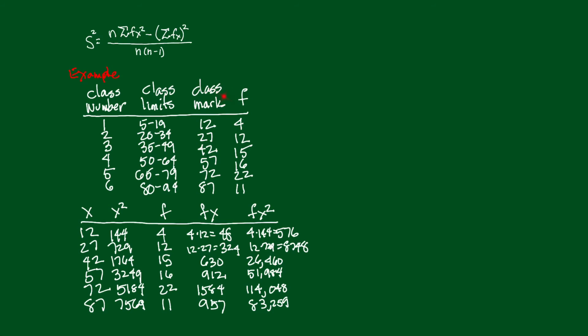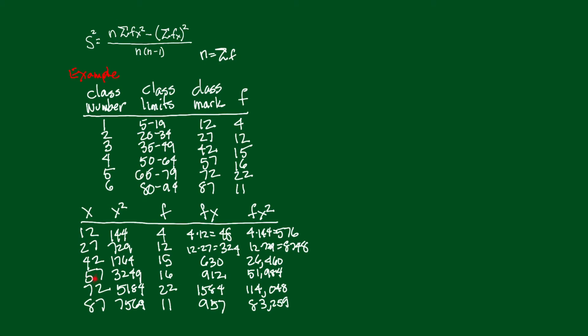Now, what's the sample size? Well, look at frequencies here. You got 4 data pieces in this first class, 12 in this one, 15 in this one. So if I add all these up, I'm going to get n, right? So I'll just make a note of that. So n is equal to the sum of the f's. Let's add them up. I'm not going to add up anything I don't need.